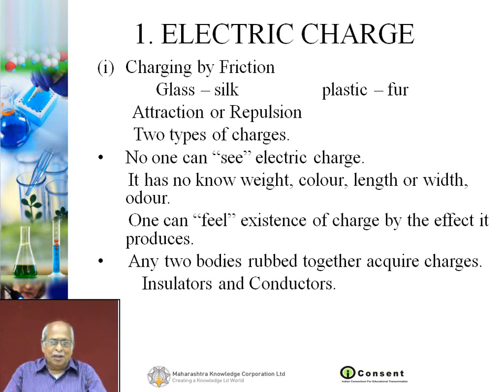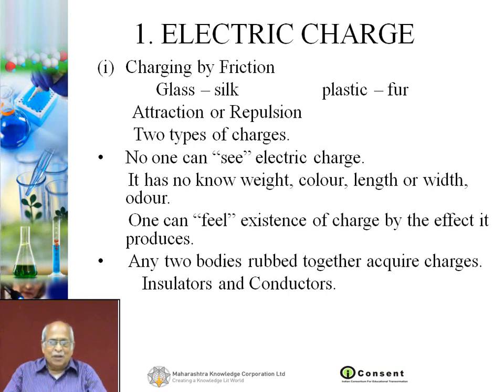After a number of experiments, it was found that there is some sort of force. It is called interaction force. There is some interaction force between any two charged bodies. The force can be either a force of attraction or a force of repulsion.